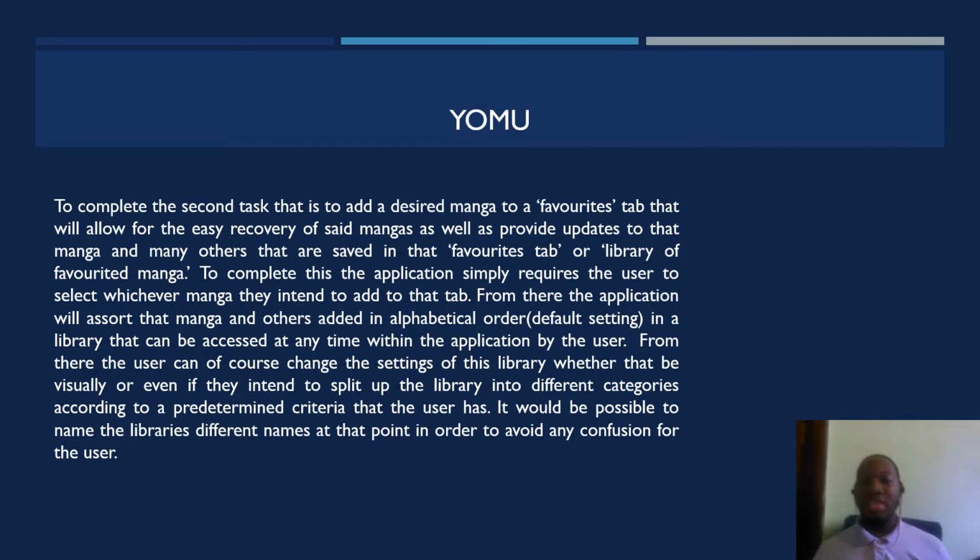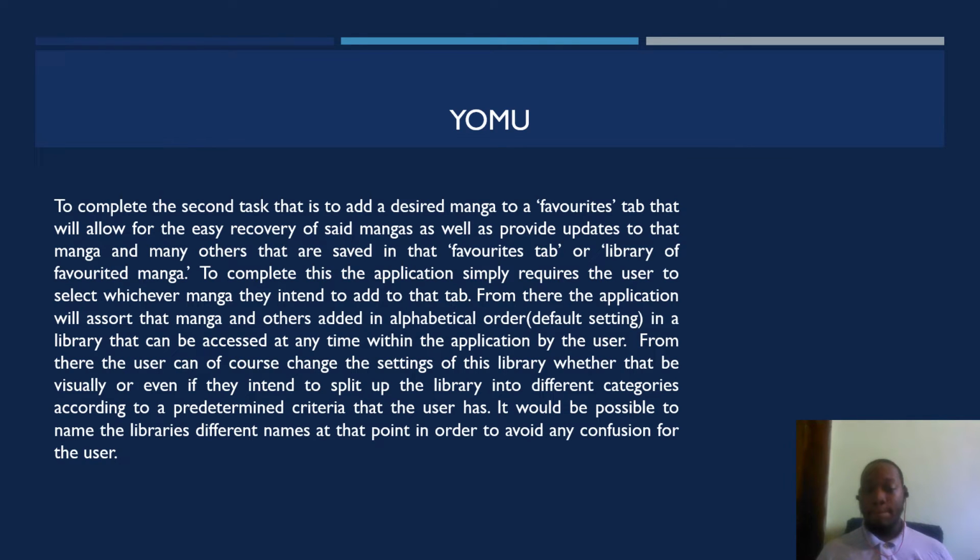To complete the second task now, that is to add a desired manga to our favorites tab, that will allow for easy recovery of said mangas, as well as provide updates to that manga and many others that are saved in that favorites tab, or a library rather, of favorited manga.